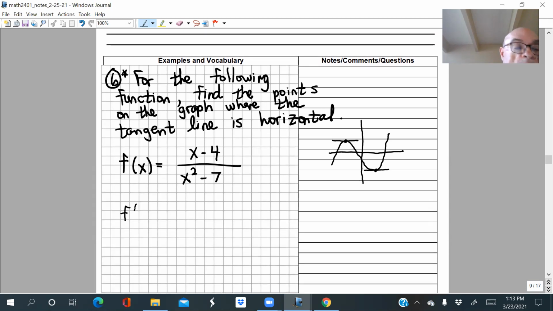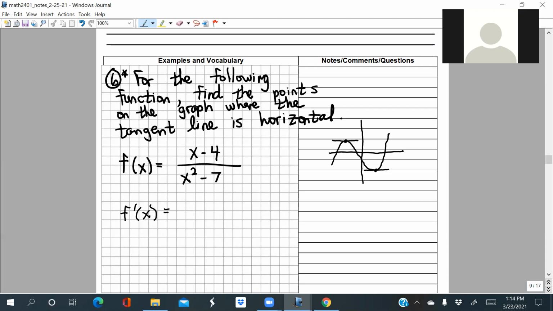But that means we have to be able to compute the derivative, okay? We're not going to have time to do that, but just tell me, what rule am I going to use to find the derivative of this formula? x minus 4 over x squared minus 7? The quotient rule. The quotient rule, exactly, Saad.